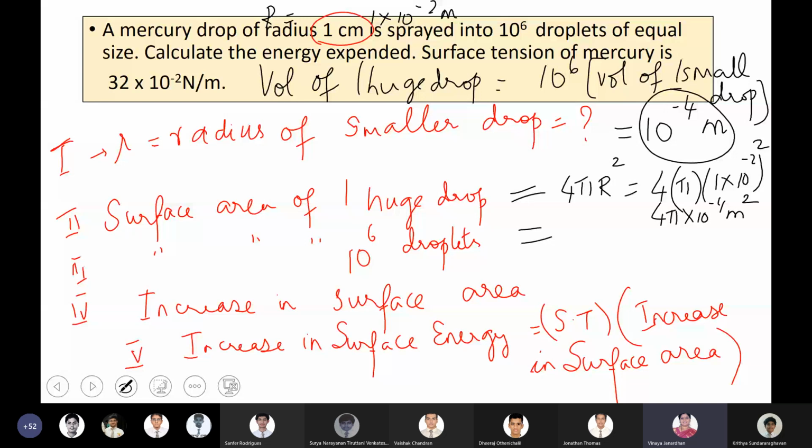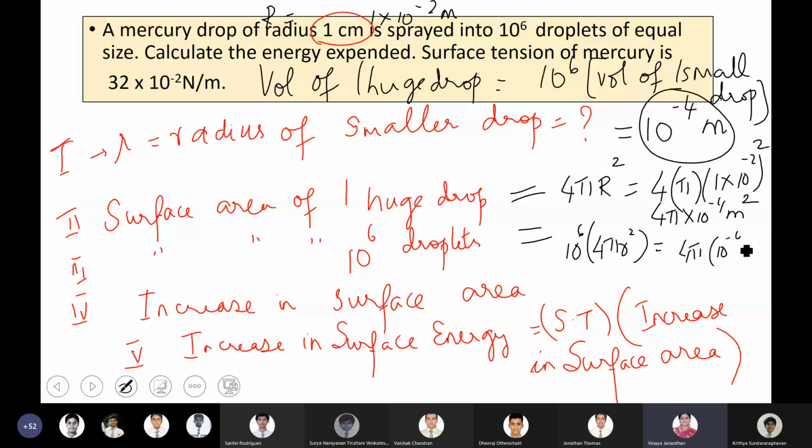Did you find the surface area of 10 to the power of 6 droplets? So what will be the value of it? It will be 10 to the power of 6 into 4 pi small r squared. What is r? 10 to the power of minus 4.